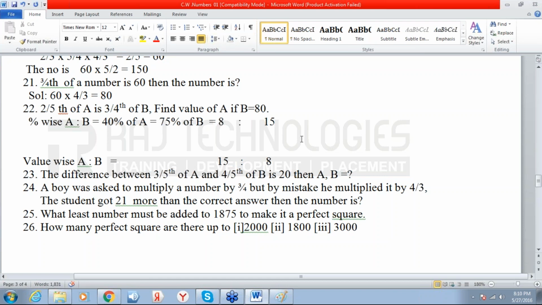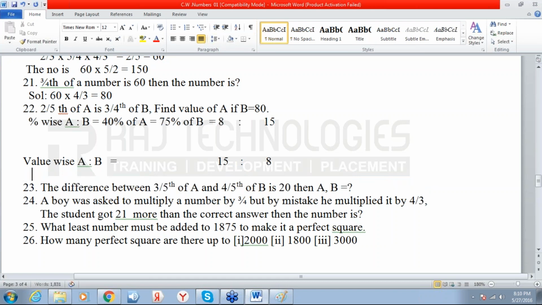So A is to B is equal to 15 is to 8. What is B here? B is 80. Value of B is given. Considering A value as 15 units, B value as 8 units.